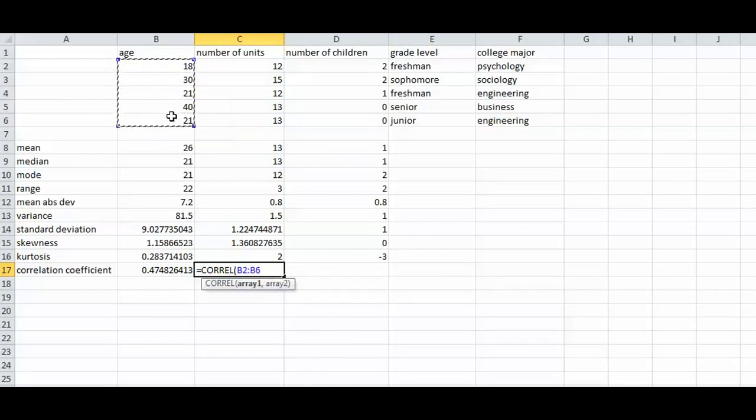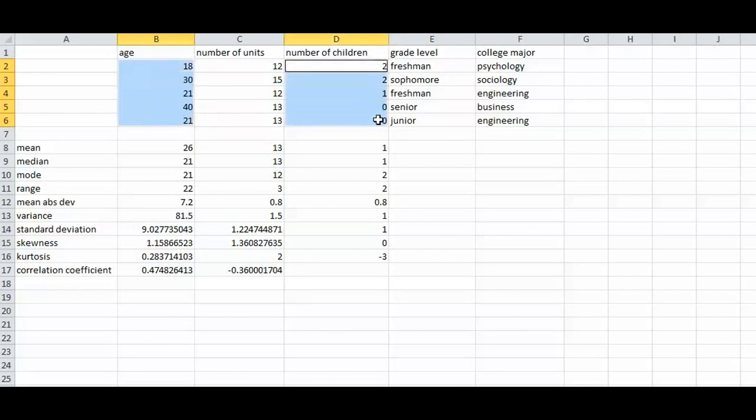Highlight this column, put a comma, and highlight this column, and it'll plug these 10 numbers into the correlation coefficient formula. We get negative 0.36, which means in this data set we have a negative correlation between these two variables of age and number of children. Let's make a scatter plot to see if it looks like a negative correlation.